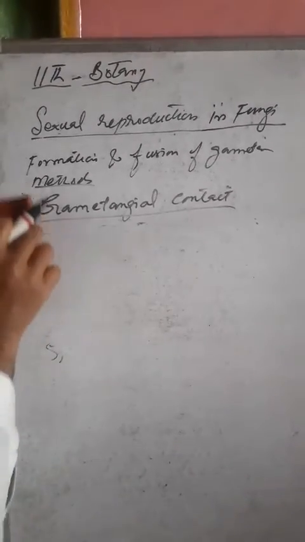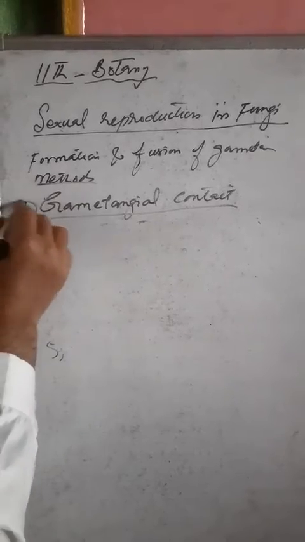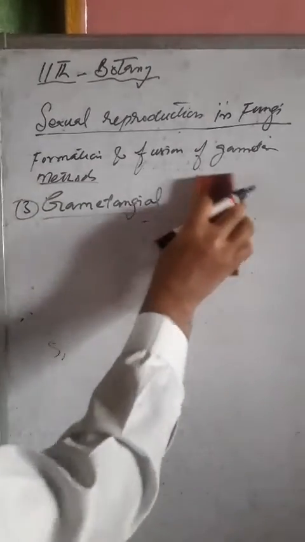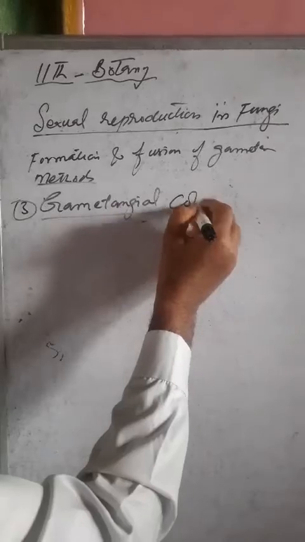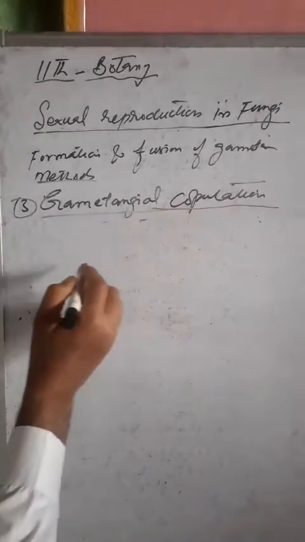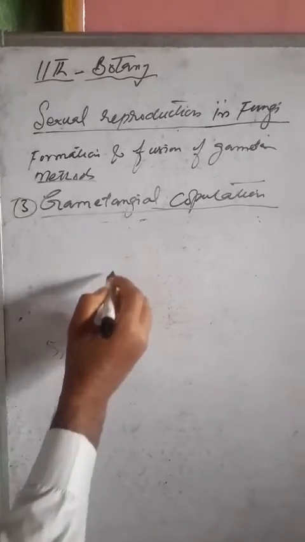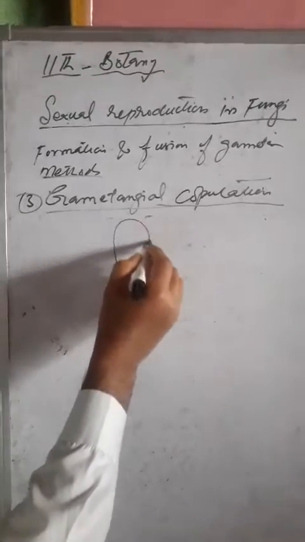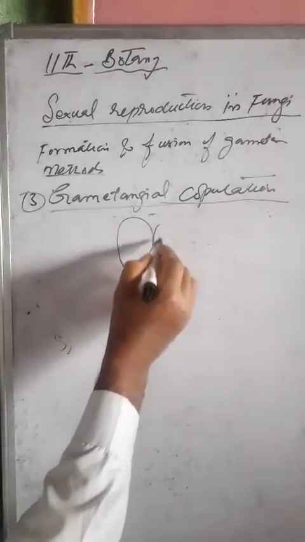Third one is gametangial copulation. Here the male and female gametangia fuse.